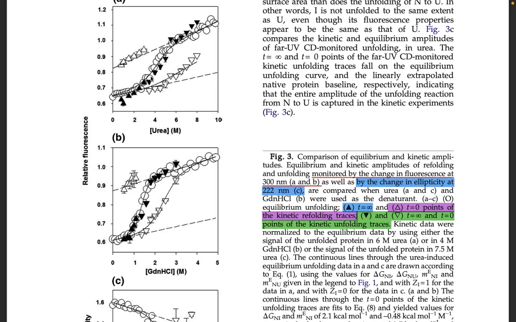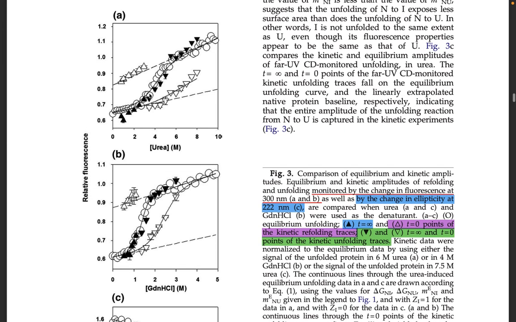The rest, apart from this, are all inverted filled triangles, and they all are for the unfolding experiments. At t equal to infinity, they are not completely unfolded; some will be in this conformation, some in the native conformation.